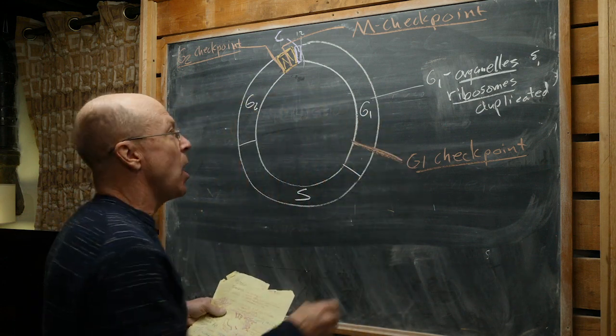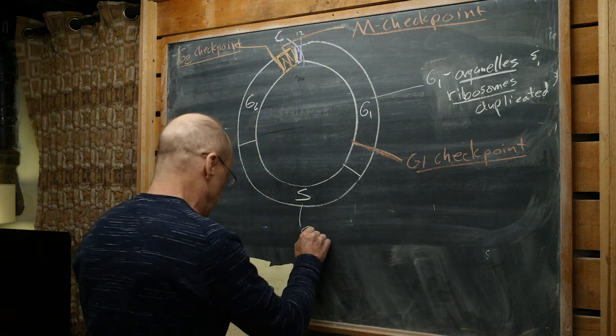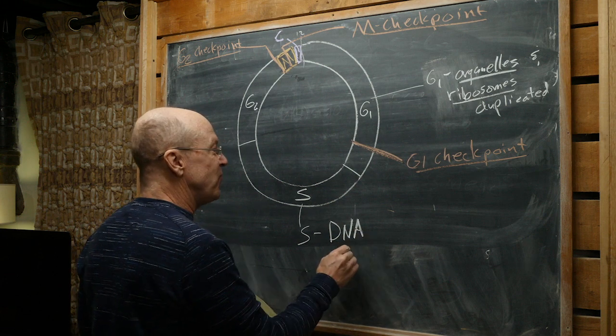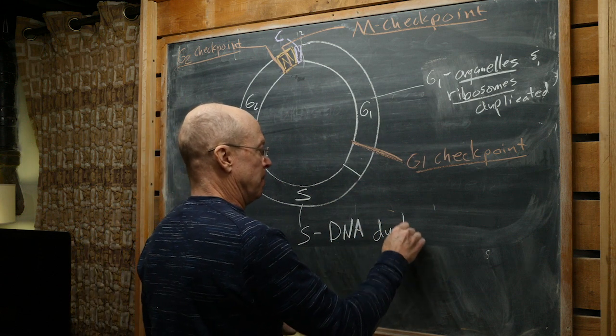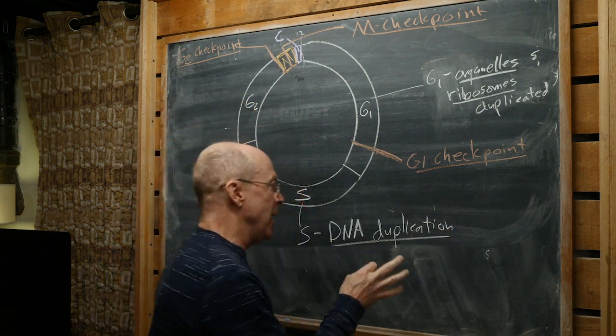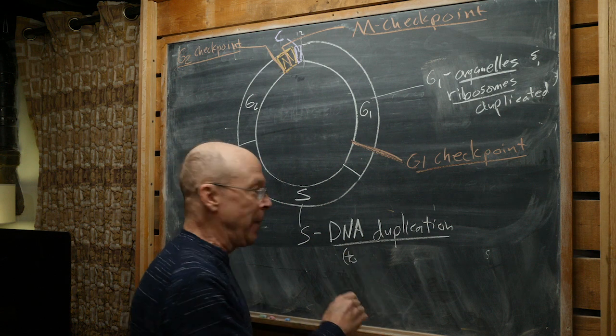S is the process that, I'll put this down here, is our process of DNA duplication. Very important here. DNA duplication, and in this particular state, I want to say to form duplicated chromosomes. More on that later.